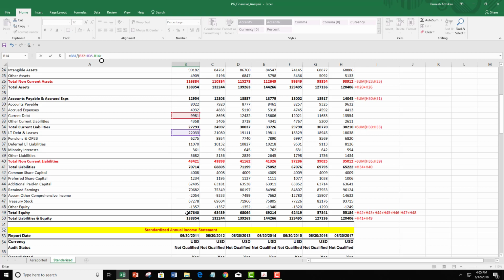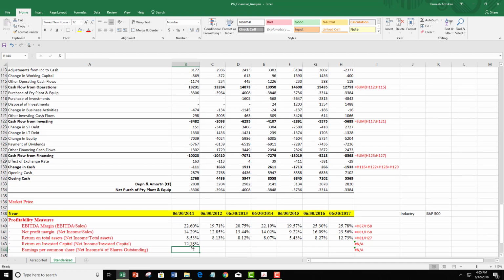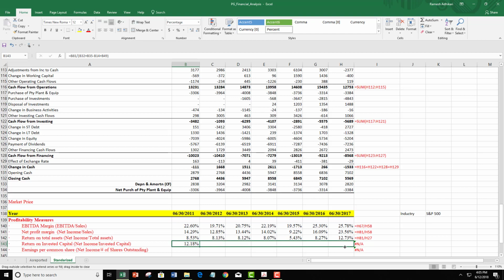So that all gives me the invested capital. If I hit enter, it gives me return on invested capital, which is 12.18%. You can grab this little square box and drag it to the right.